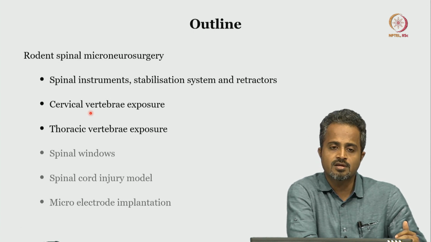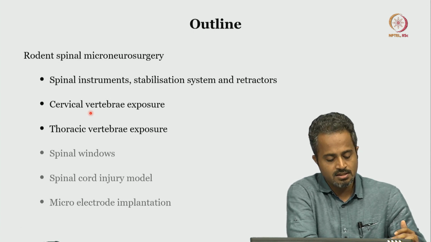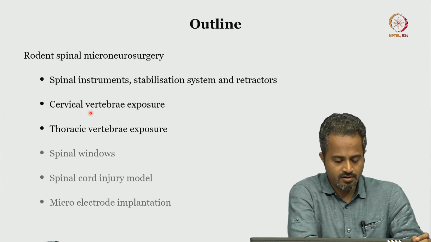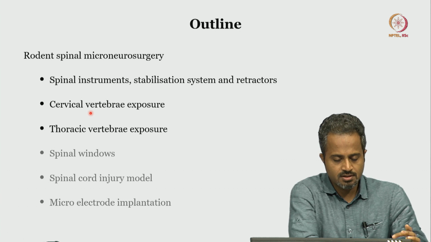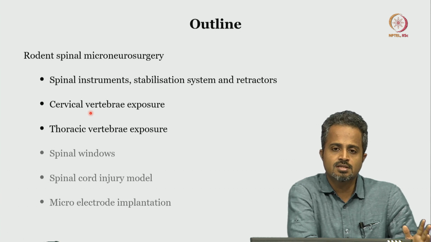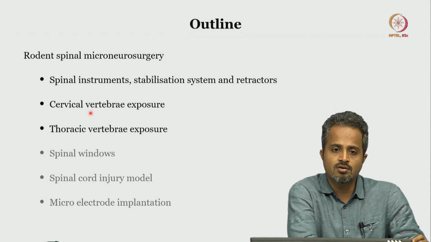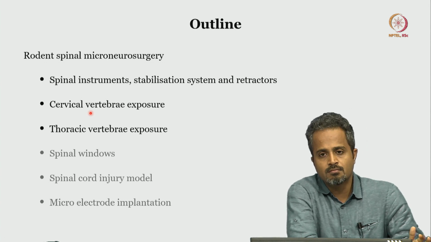Once we deal with the stabilization system and retractors, we'll go through the different sections of the spinal skeletal system, cervical vertebra and thoracic vertebra exposure. As I said, it's different. And then we look at the creation of spinal windows, similar to the cranial windows that we discussed. Then briefly about the spinal cord injury model, which is one of the most commonly studied models.